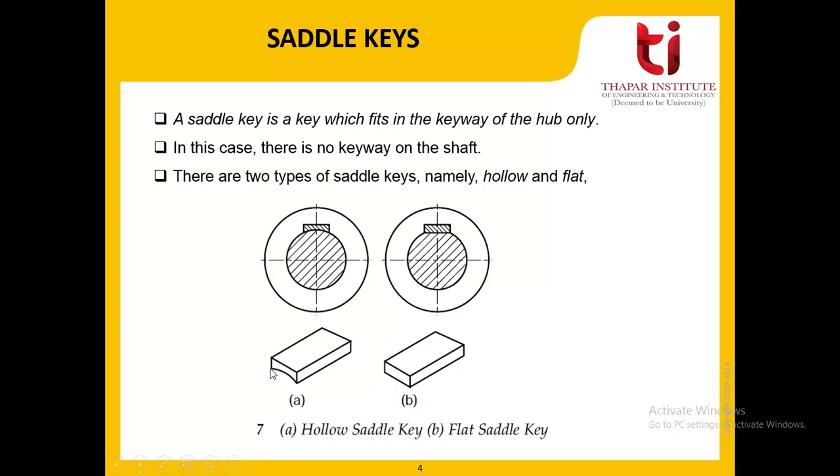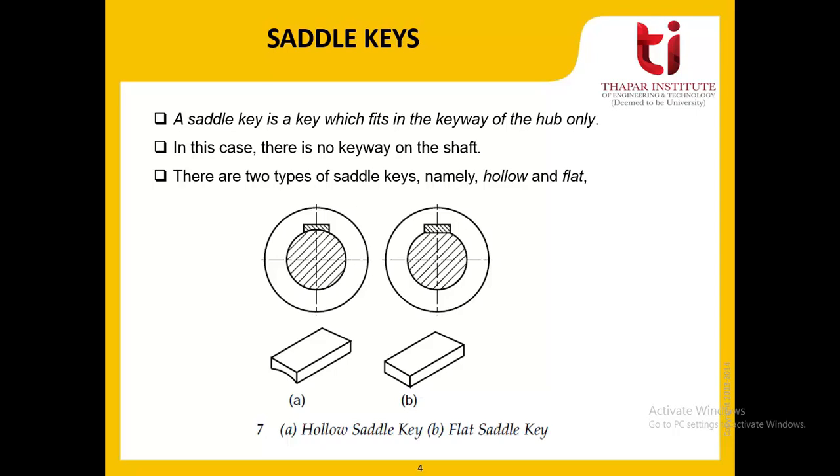In a hollow type saddle key, the lower surface, the bottom surface of the key is curved so as to fit the curvature of the shaft, so that gives a close fit over the surface of the shaft, and hence the relative motion between the shaft and the hub is reduced.